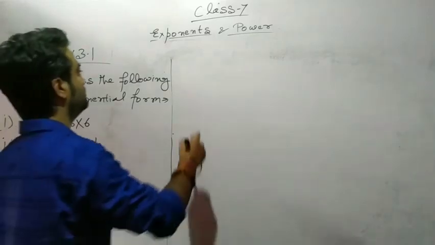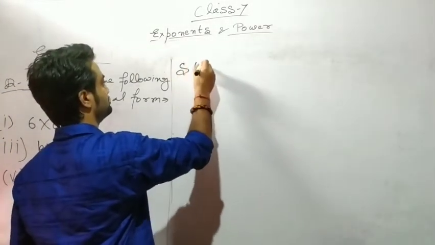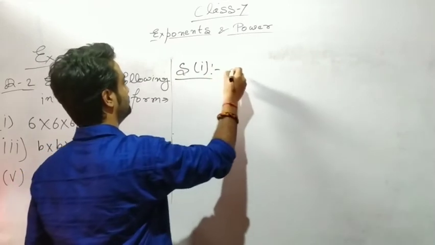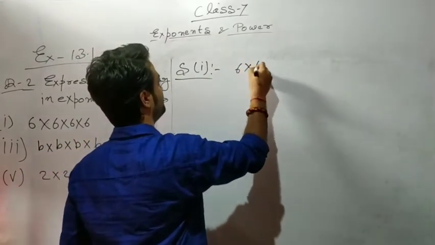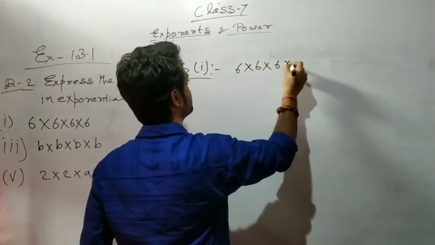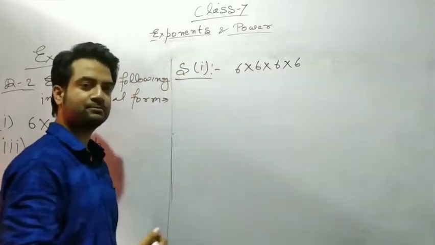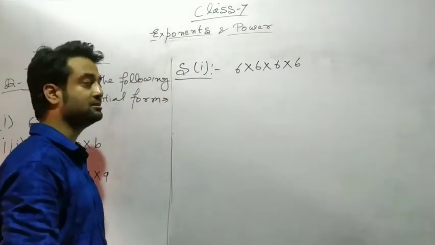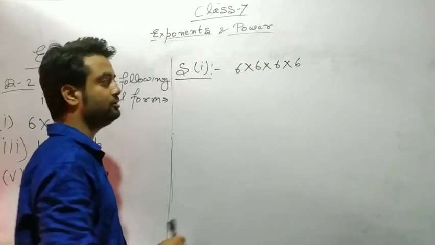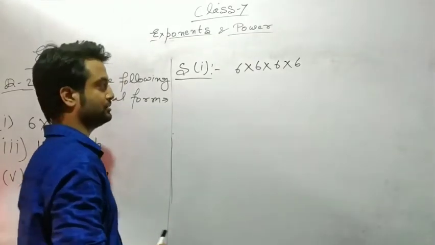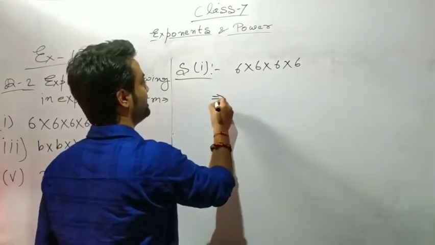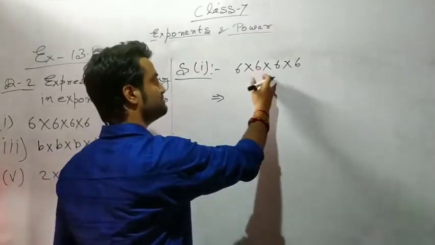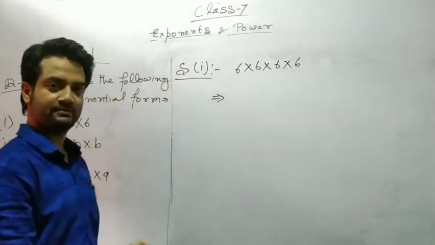As you can see, for the solution of first question, it is written 6 into 6 into 6 into 6. We have to write it in exponential form. Exponential form means, as we have discussed in previous video, in the form of power. We have discussed the number which is multiplied with itself is the base.